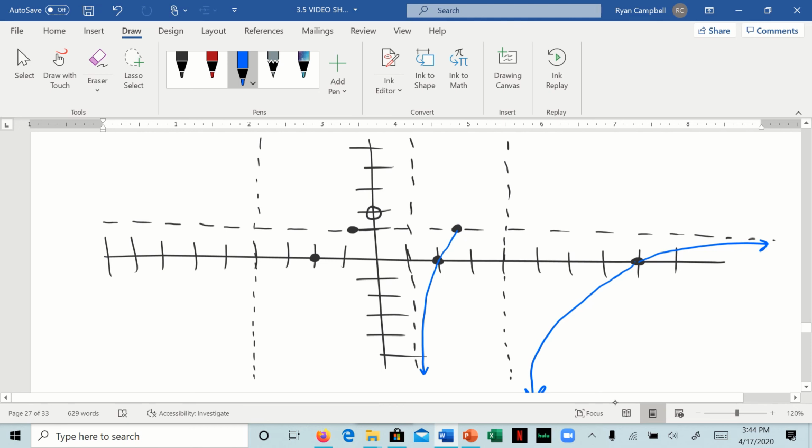If it goes down, that means that it's going to have to cross the x-axis again, right? But we said these were the only times it crossed the x-axis, which means that it can't go down, it has to go up. And then if it goes up, it's going to go closer and closer to infinity, right there. Hopefully that makes sense.